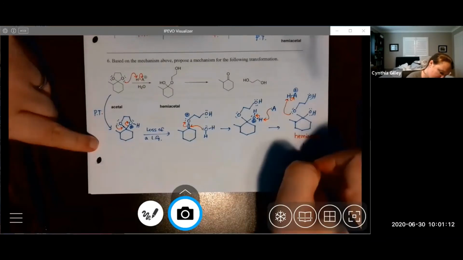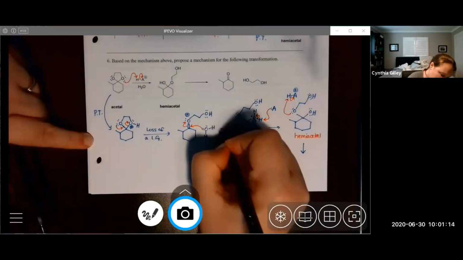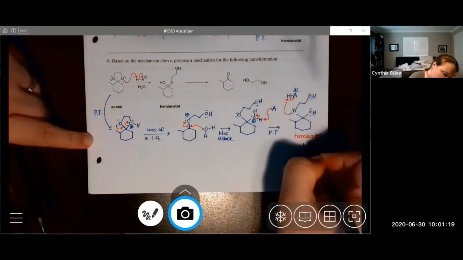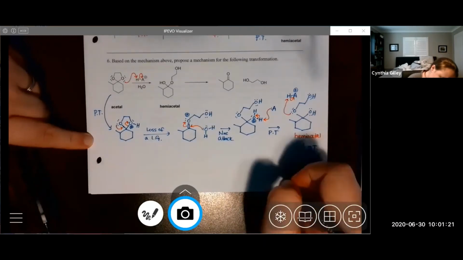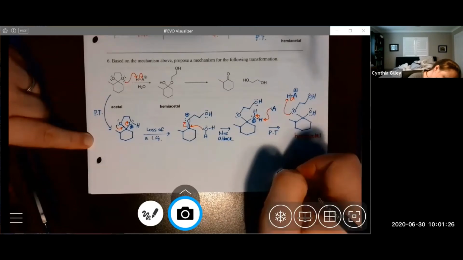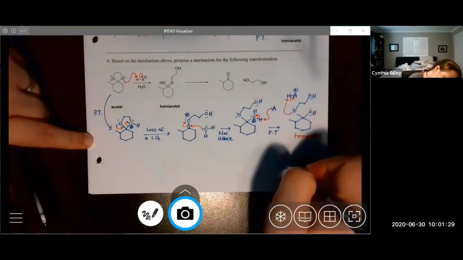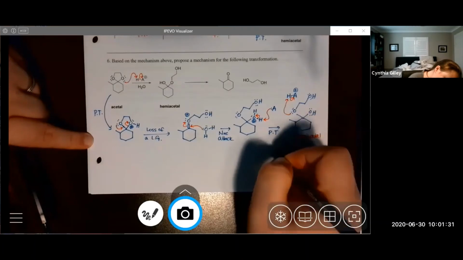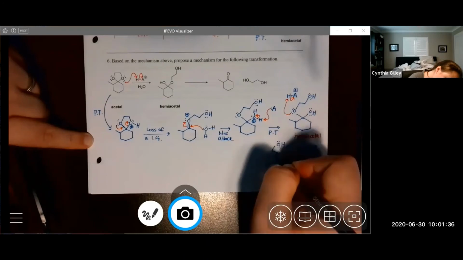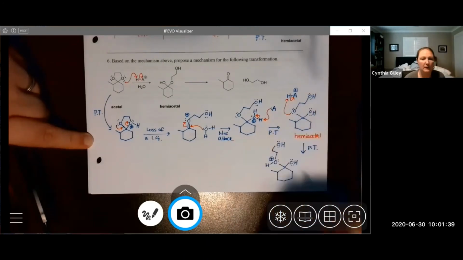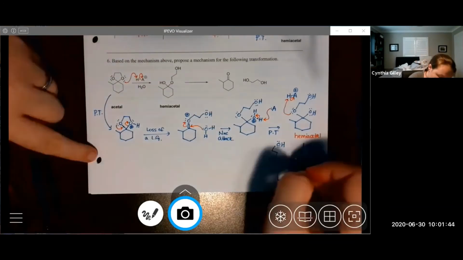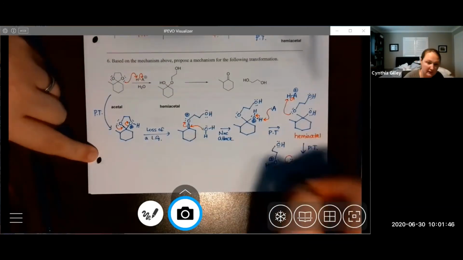So proton transfer, nucleophilic attack, proton transfer. A proton transfer there. Now it's a good leaving group. Go ahead and do the loss of the leaving group.